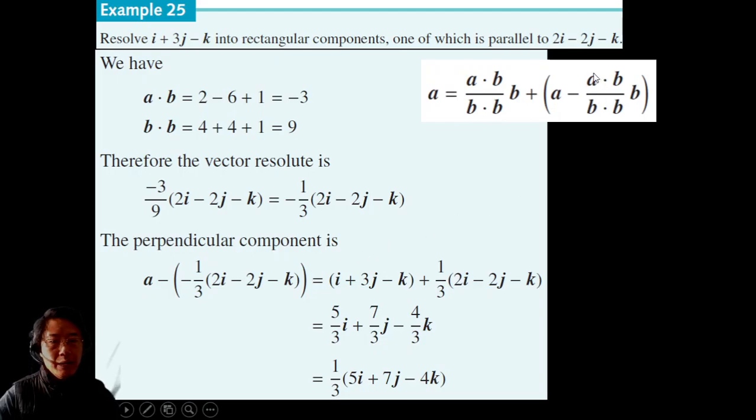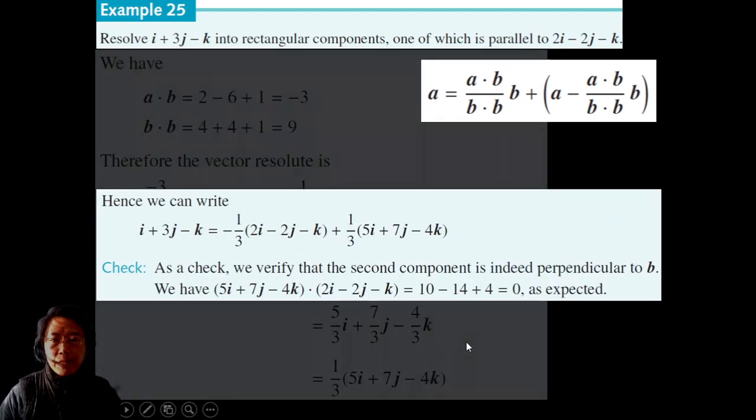To find the w, the perpendicular vector resolute, just do a minus u. A minus u is here. You will have to expand the brackets and regroup the like terms or the respective vectors in the direction of i, j, and k, and then we can factorize that in that form.